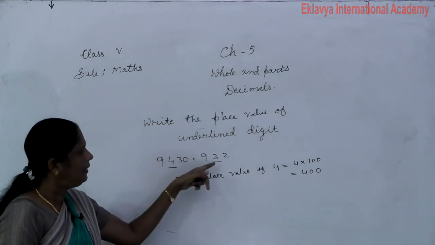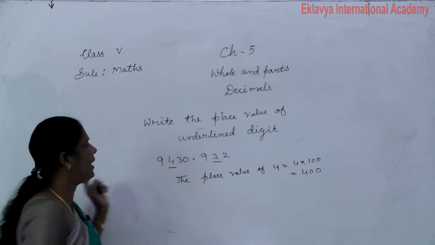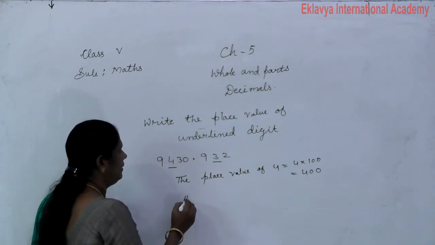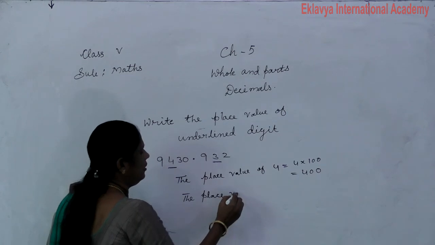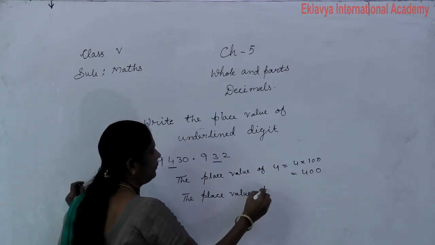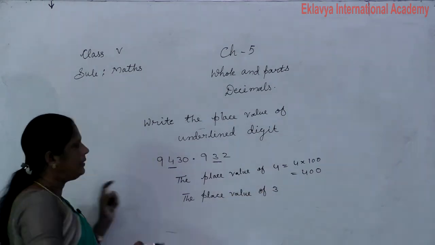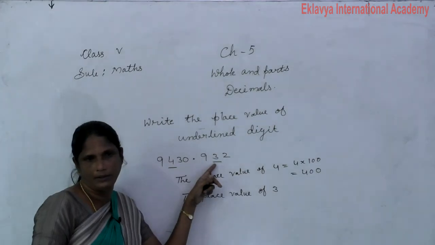Now the place value of 3. The 3 sits in the decimal part.